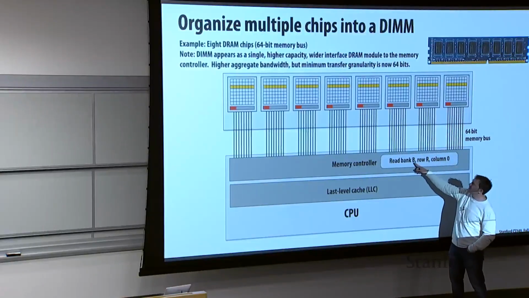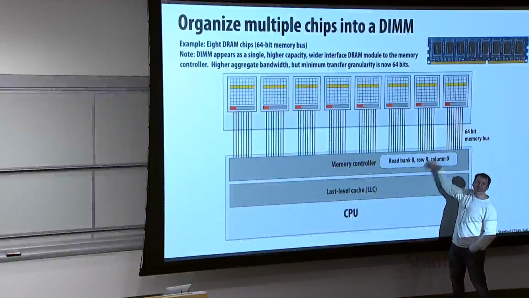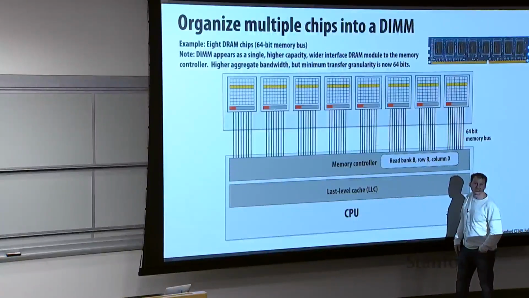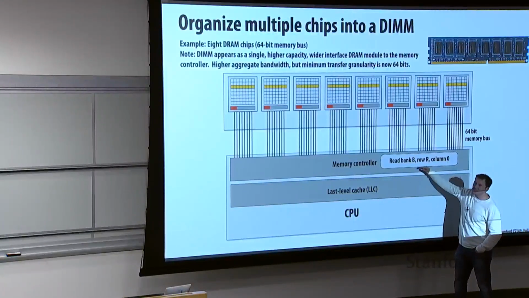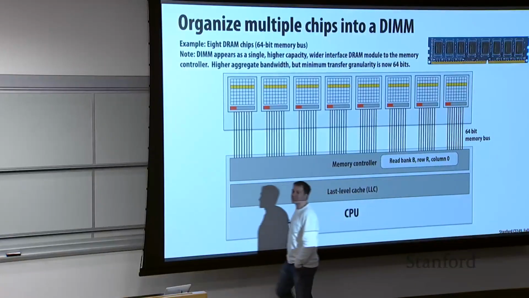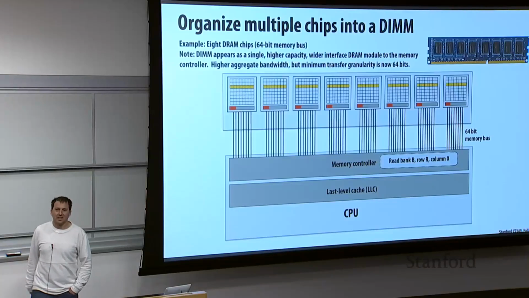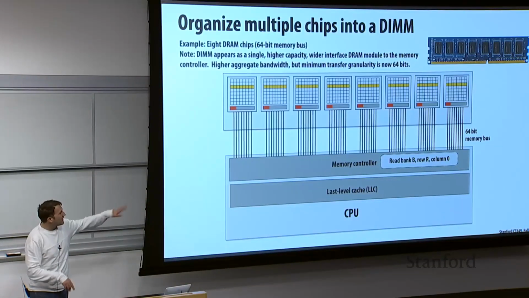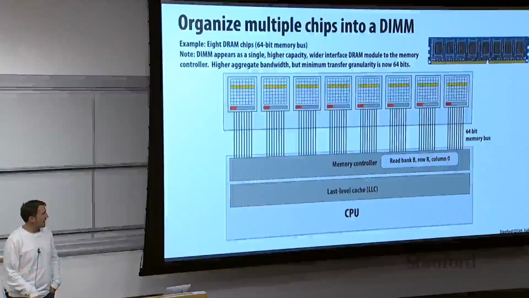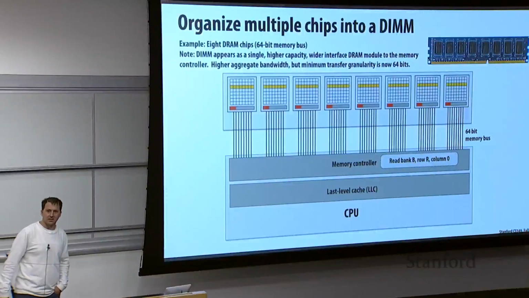They all return their data in bank B, row R, column 0, and altogether that is 8 bytes of data. So it's the memory controller's responsibility to say: if I'm supposed to get a 64-byte cache line at this address, where in this 3D address space of banks, rows, and columns is that data? And you issue the request.